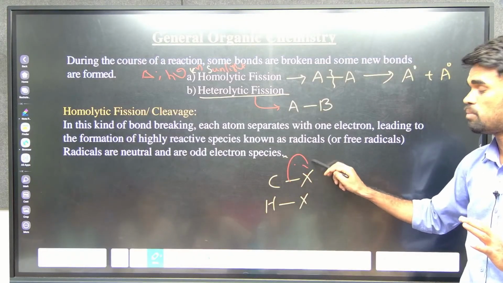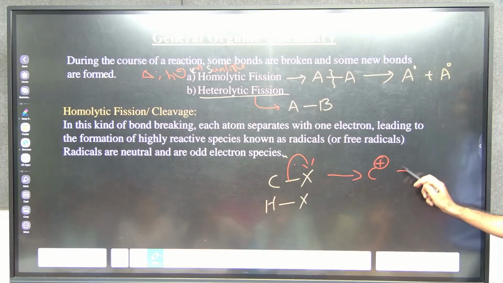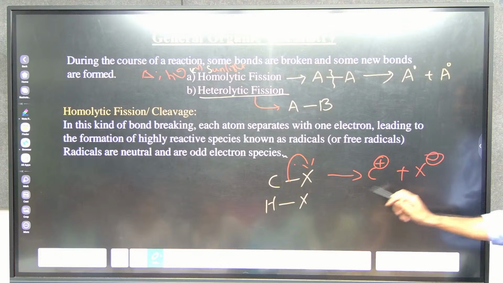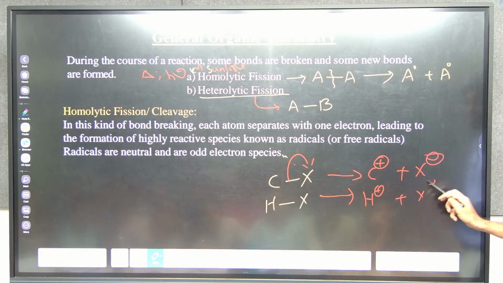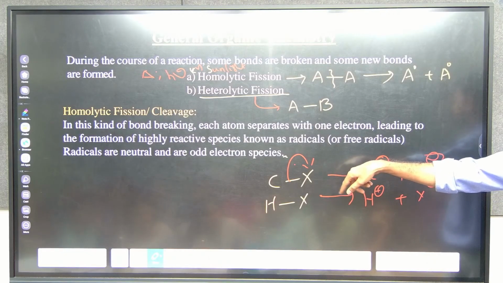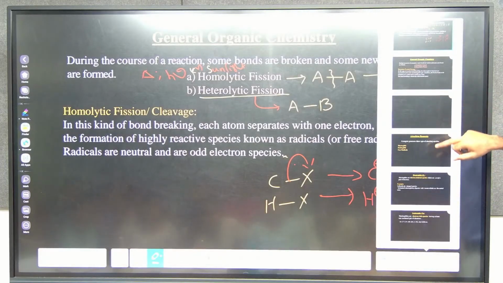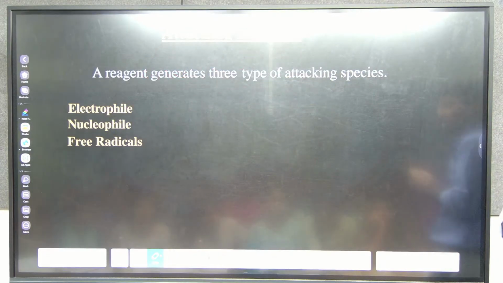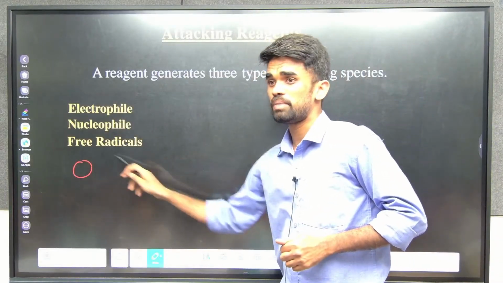The electronegative atom takes the bonded electrons, so it creates charges like ions, X minus, C plus, or H plus, X minus, like this. Okay, so when the electronegativity difference is more.